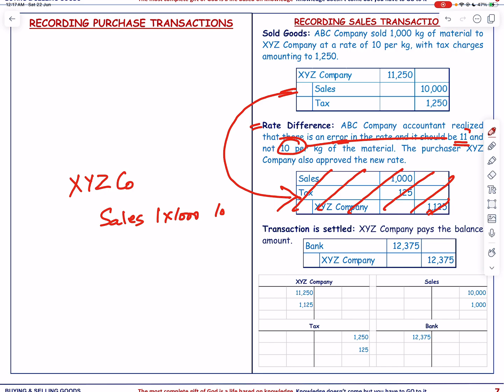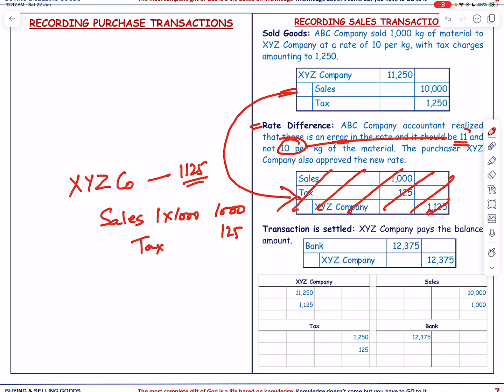And the taxes are going to be credit by 125, and XYZ company will be debit by 1125. So that's how this journal entry will be.